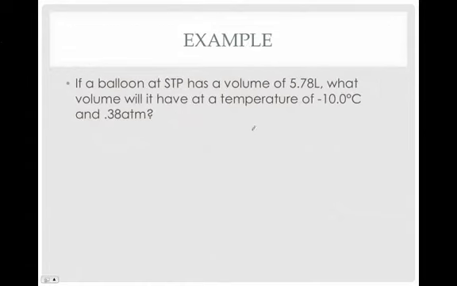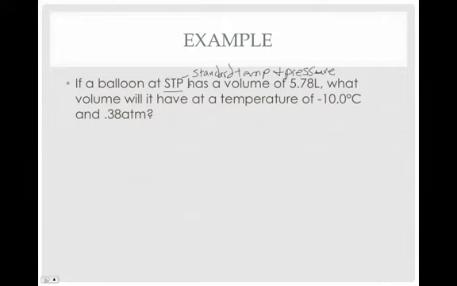So for example, if a balloon at STP, remember that STP is standard temperature and pressure, has a volume of 5.78 liters, what volume will it have at a temperature of -10 degrees Celsius and 0.38 atms?